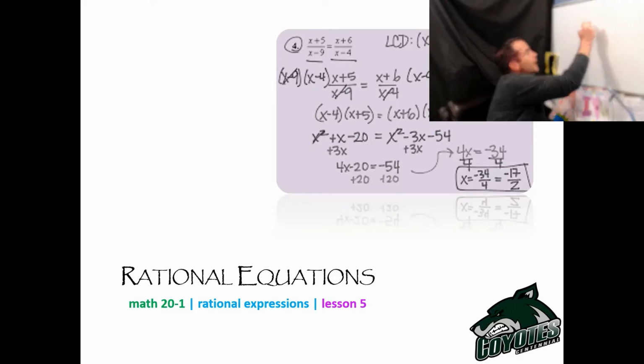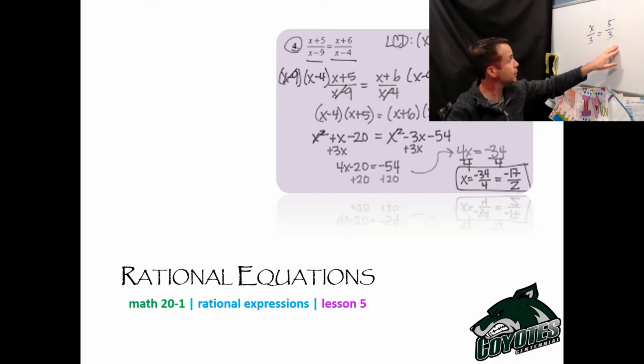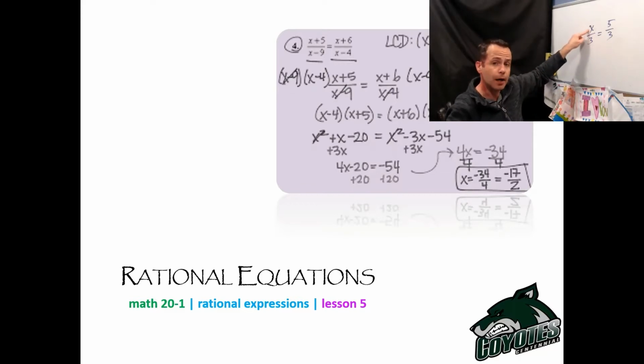If I said x over 3 equals 5 over 3, make it nice and easy for you, I would want you to tell me, hey, x has to be 5 because they're both over 3 on either side.